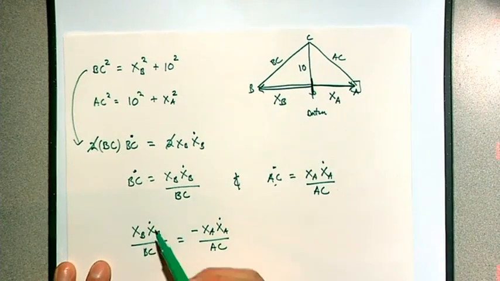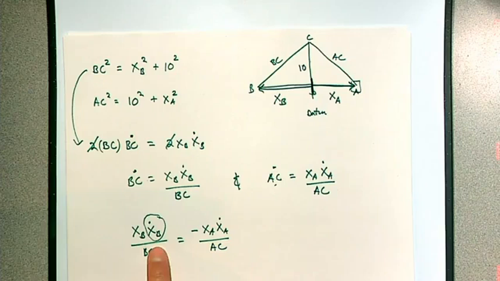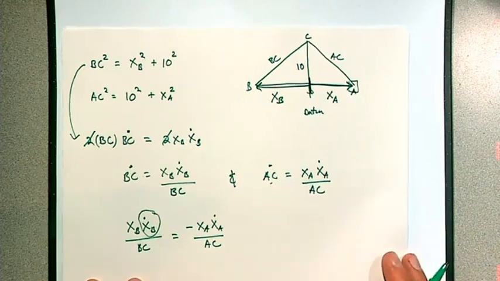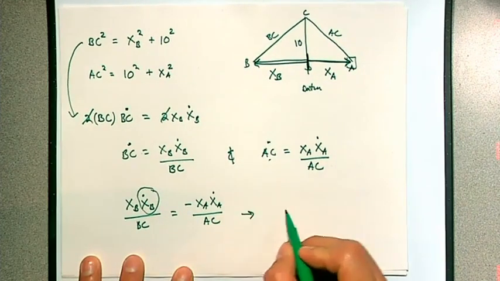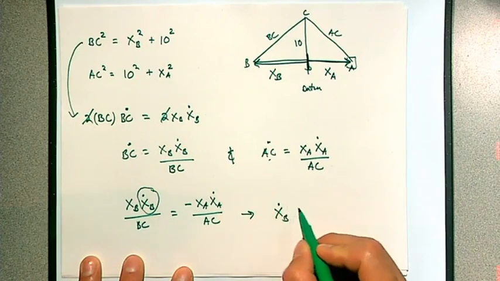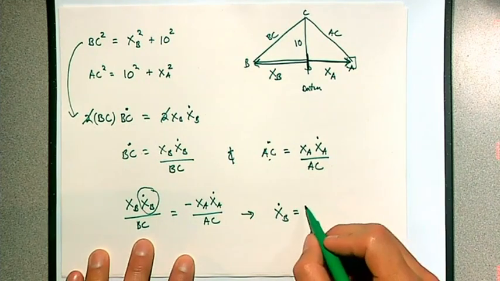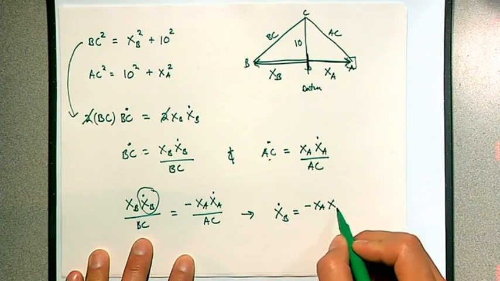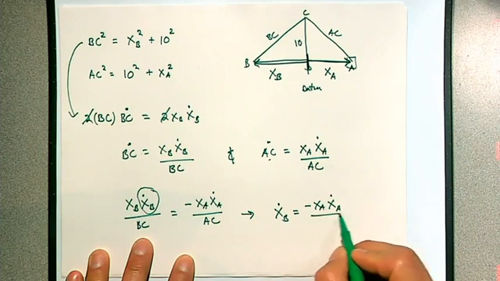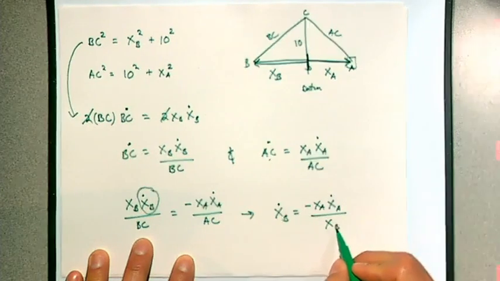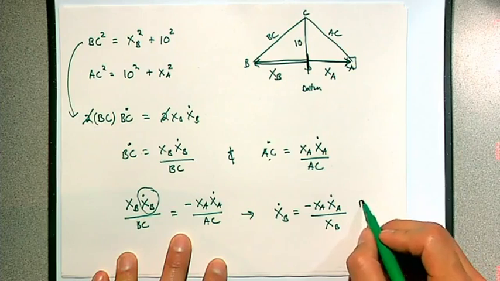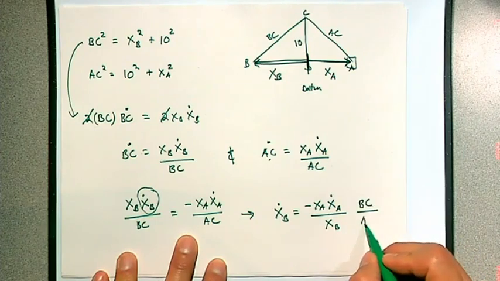I'm trying to figure out the velocity of B. That's XB dot. So I'm bringing the other stuff to the other side. XB dot is equal to minus XA dot over XB, the length of BC over the length of AC.